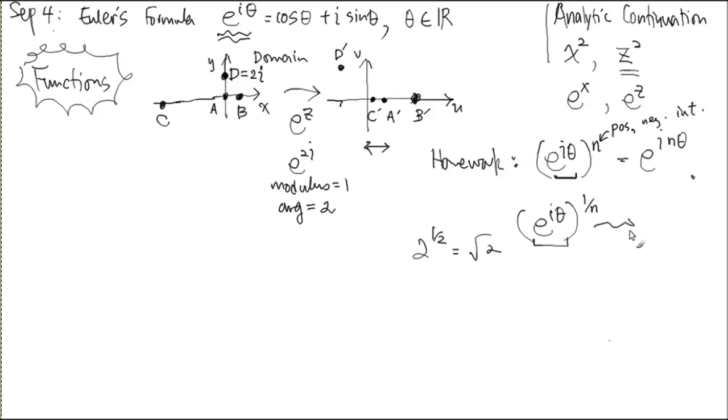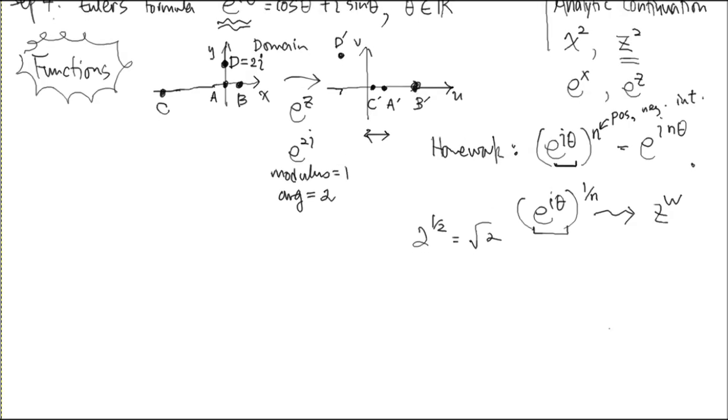Eventually, we're going to have a complex number z raised to a complex number w, and we have to extend it to that. Right now this all makes sense because n is a positive or negative integer, and that's very algebraically easy to understand. But z to the w is very hard to understand algebraically. But it's going to lead us to only one option for z to the w, so it's well defined.